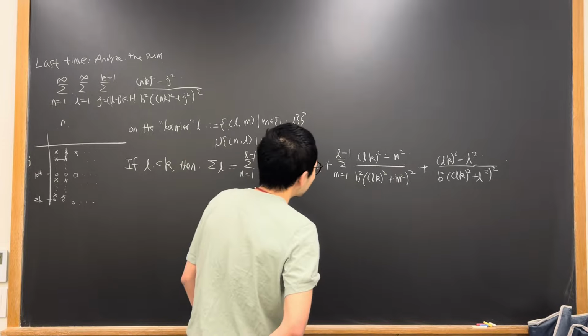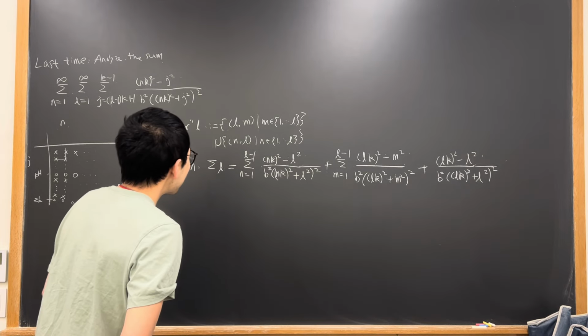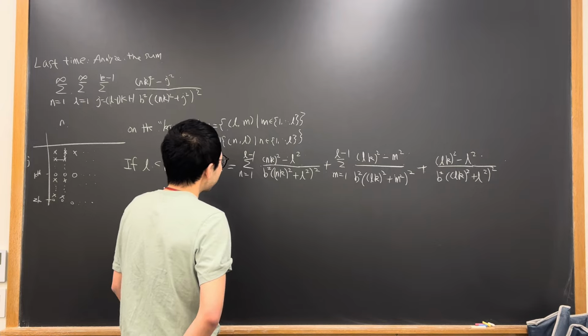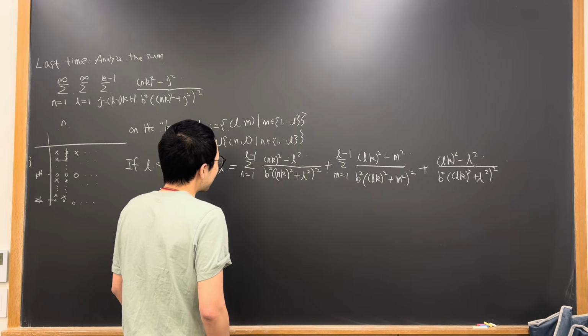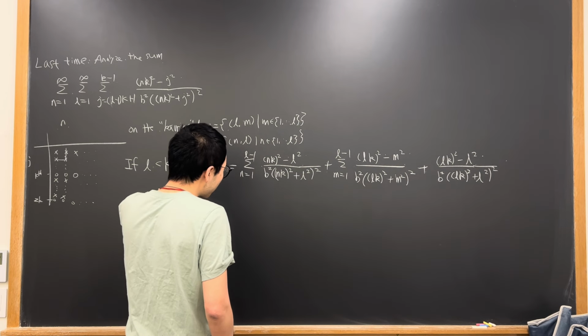So let's focus on the numerator first. So for the numerator, again, we are trying to find a common denominator, right? So maybe a common lower bound for the denominator.